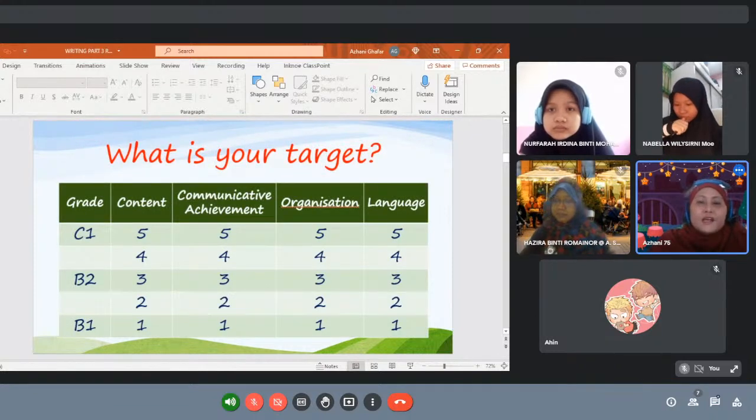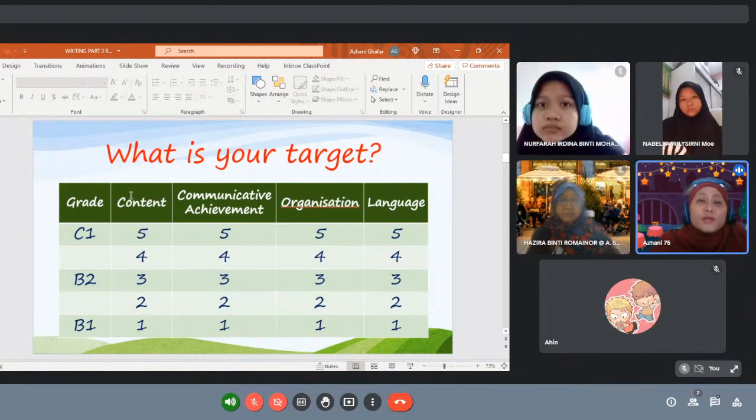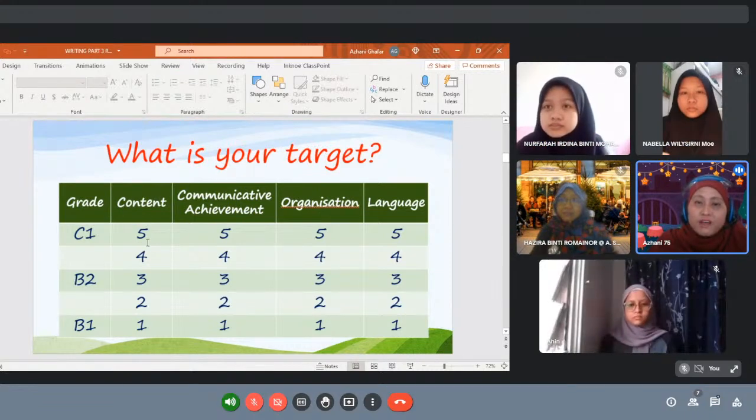Next. You are already in Form 5 this year. You must already know what your target is. What do you want to achieve for your English paper, particularly for your writing paper? Do you want to aim for just B1, or B2, or the better grade C1? So are you going to be able to write a lot of content based on the question? Is it going to be enough? Is it going to give you 5 marks?